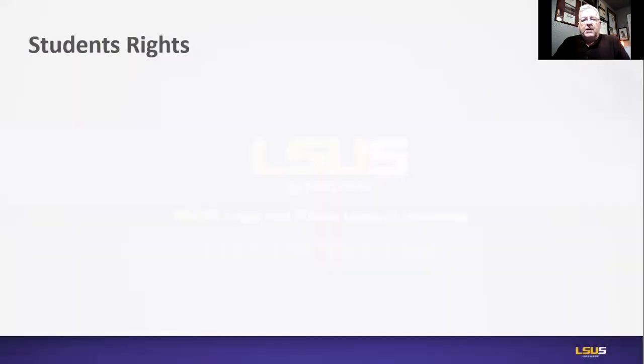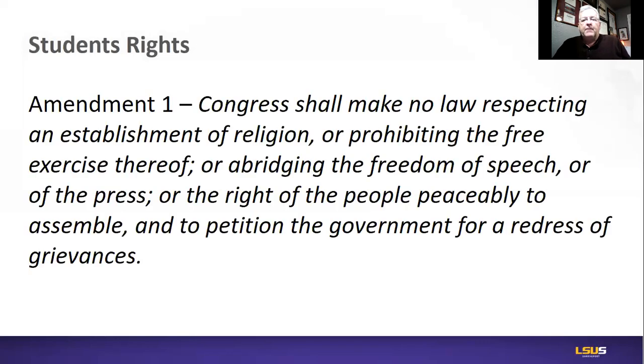Last week we talked about freedom of religion. It was found in the First Amendment of the Constitution. And this week we're just going to continue with some First Amendment rights, student rights, those individual rights.